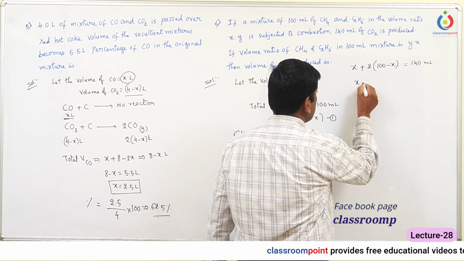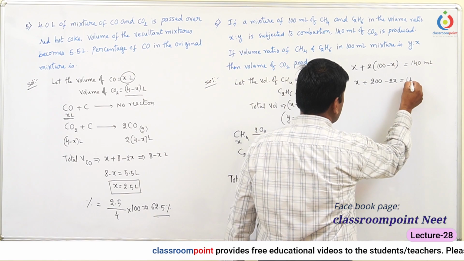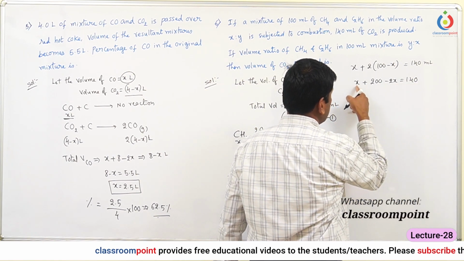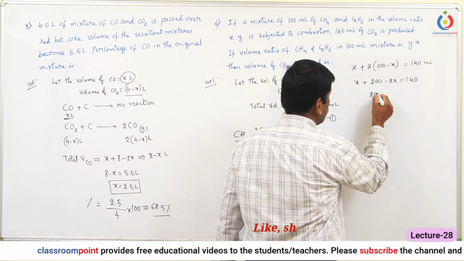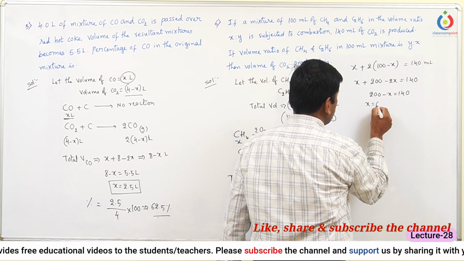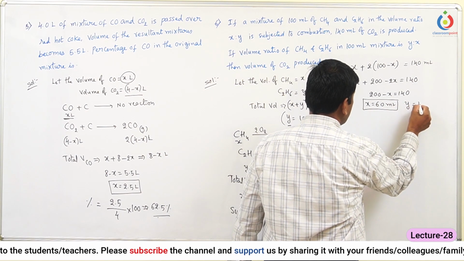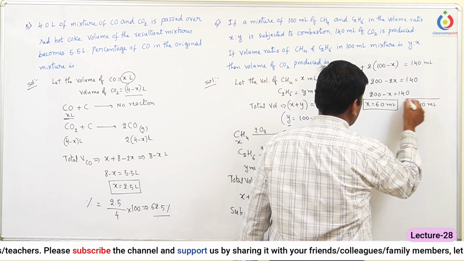So X plus 200 minus 2X equals 140. This is X, this is minus 2X. So 200 minus X equals 140, X equals 60 ml. So Y equals 40 ml.